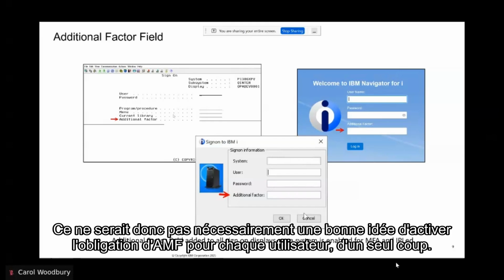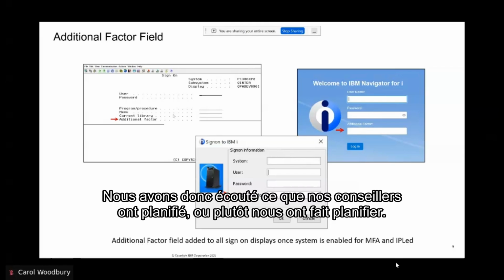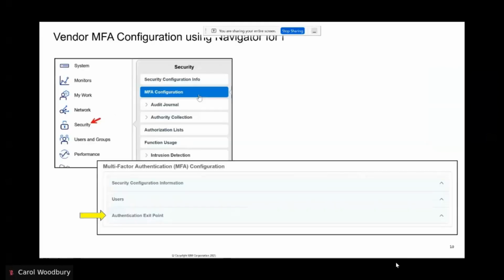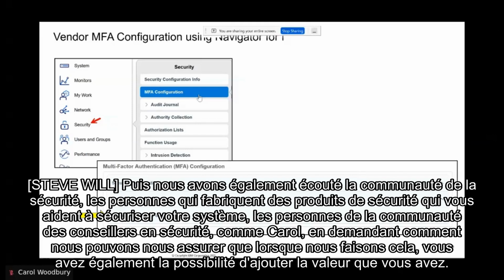That would be very disruptive. So we listened to what our advisors had us plan. And then we also listened to the security community, the folks who do security products that help you secure your system, the people in the security advisor community like Carol, asking how can we make sure that when we do this, you also have the ability to add on the value that you have. So that's the kind of the why.